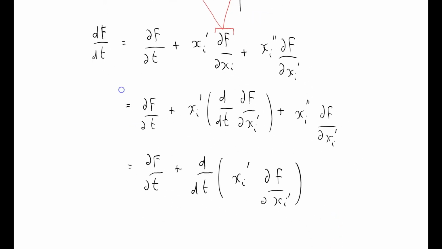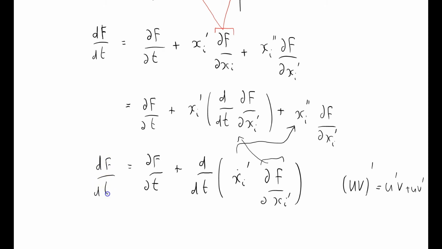Now why is that? All I'm doing there is effectively factorising this term using the product rule, total derivative of uv equals u dash v plus uv dash. So I differentiate this xi, and that gives me that term there, times df dxi. Differentiate this one with respect to d by dt, and we get that term there. That's nice, isn't it? So that's df by dt.